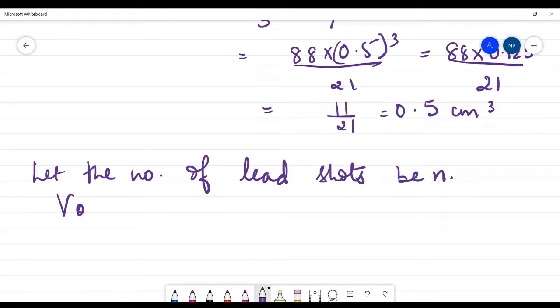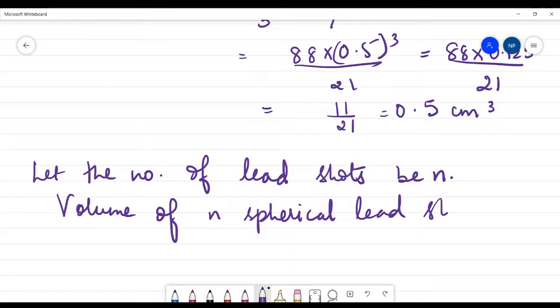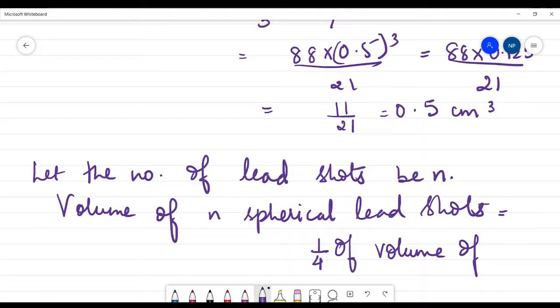The volume of n spherical lead shots will be equal to one-fourth of the volume of the conical vessel.